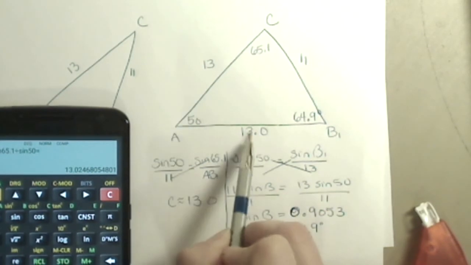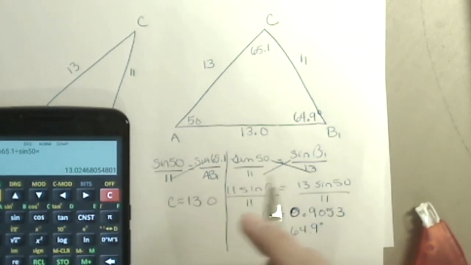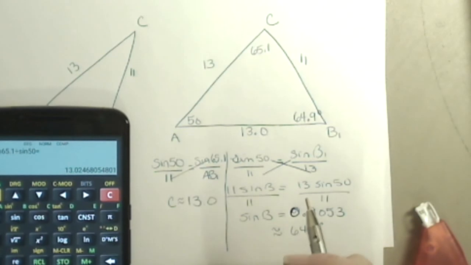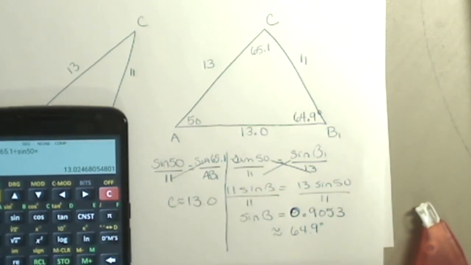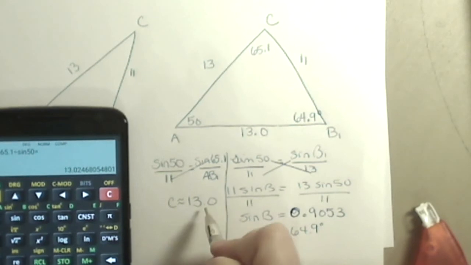So I guess it shouldn't be a surprise that both these sides turned out to be essentially equal. That will not be the case all the time, as you can recall from the examples we did in class, but we are essentially dealing with an isosceles triangle. It's so close to isosceles, it might as well be considered, for all intents and purposes, to be isosceles. I didn't expect that to happen. Kind of threw me for a loop for a minute. That happens sometimes, though. Sometimes you can get an isosceles triangle.